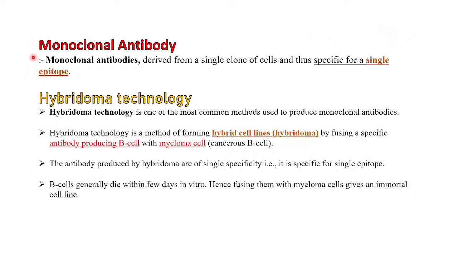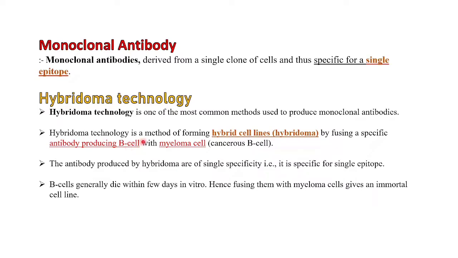Now let's see the monoclonal antibody. Monoclonal antibodies are derived from a single clone of cells and are thus specific for a single epitope. As I told you, hybridoma technology is a technique which produces monoclonal antibodies. It is one of the most common methods used to produce monoclonal antibodies.